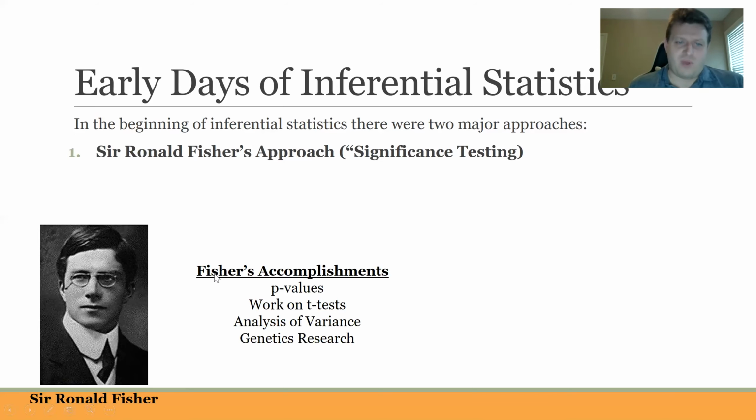So Sir Ronald Fisher has done a lot of good stuff in statistics, some stuff in genetics that's good, but he was a eugenicist and very racist and had a lot of very horrible opinions as well. So we have to be mindful of that. A lot of the individuals in the early 1900s that contributed to statistics had very good ideas about statistics, but had very, very horrible ideas about race.